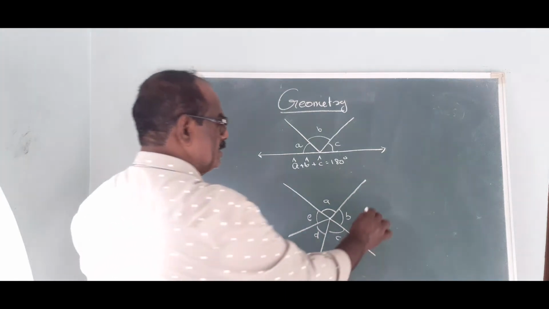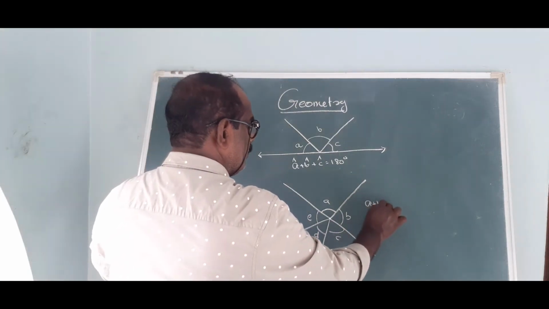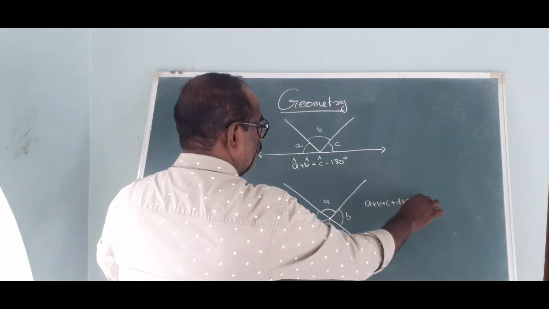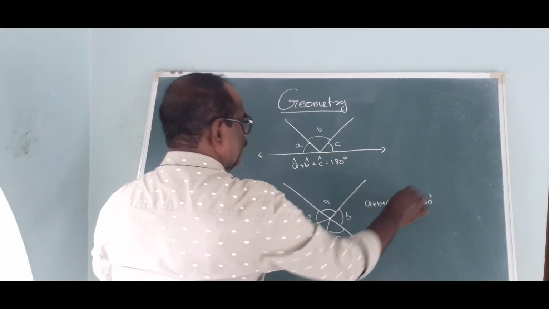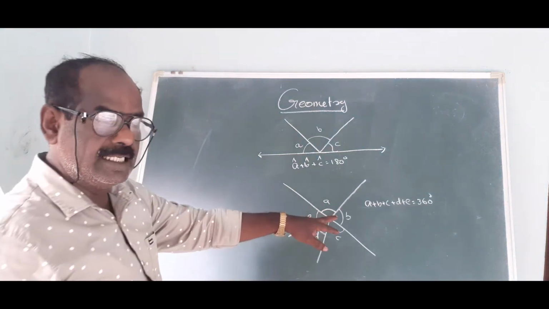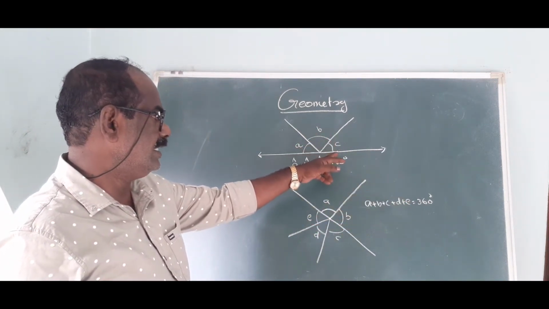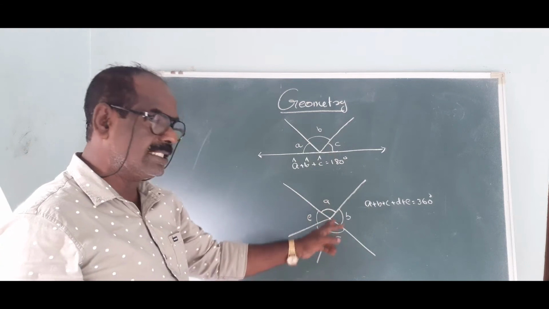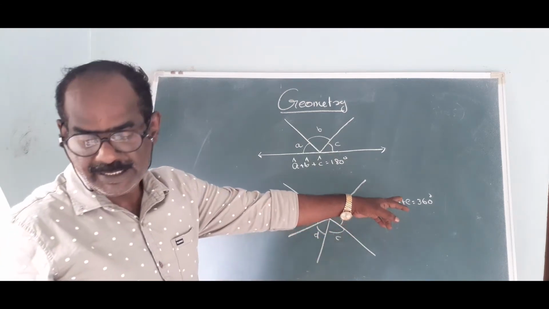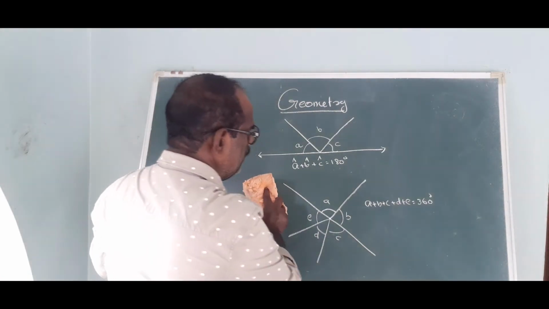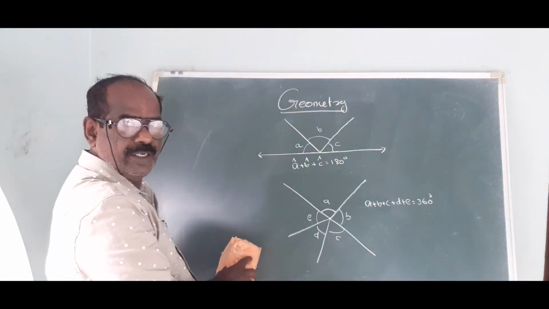The sum of angles A plus B plus C plus D plus E is equal to 360 degrees. In a straight line, it is 180 degrees. Like a circle, it becomes 360 degrees. And the next property, if you want to write it, pause the video and write it down.